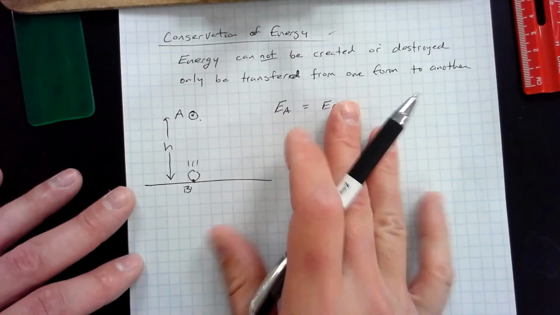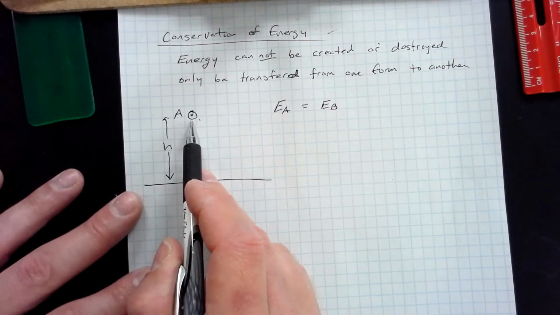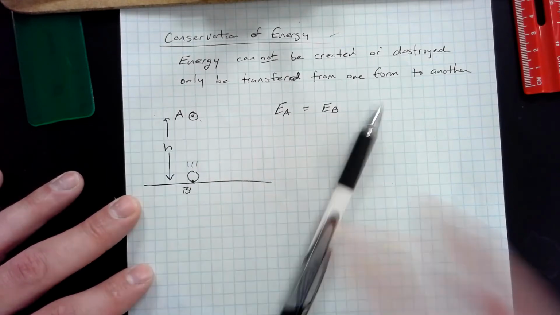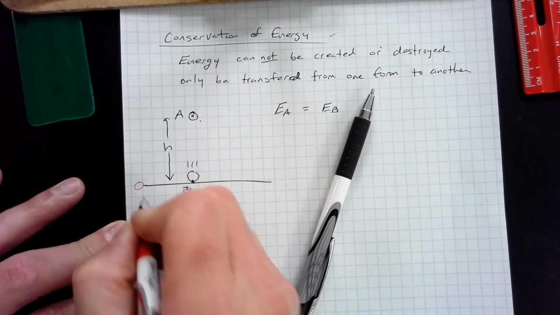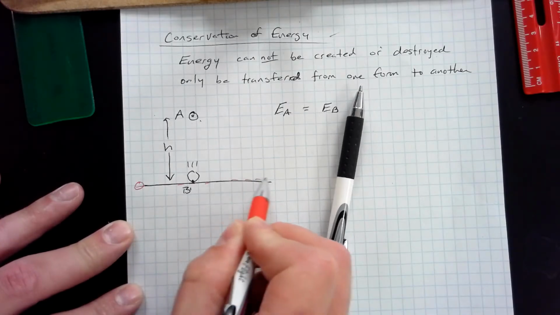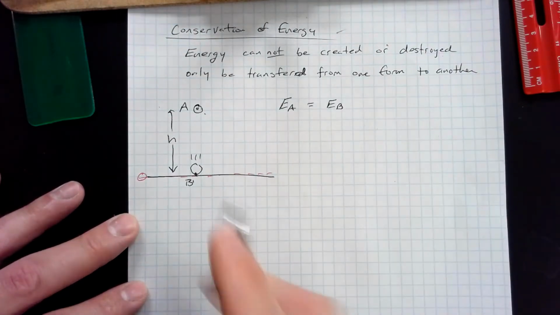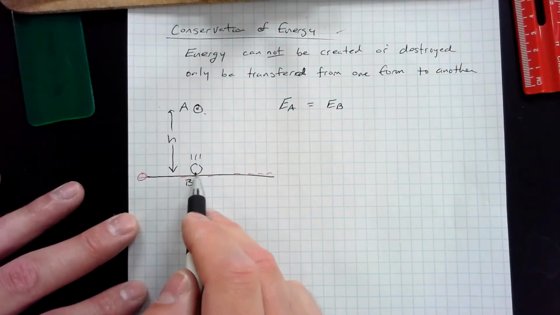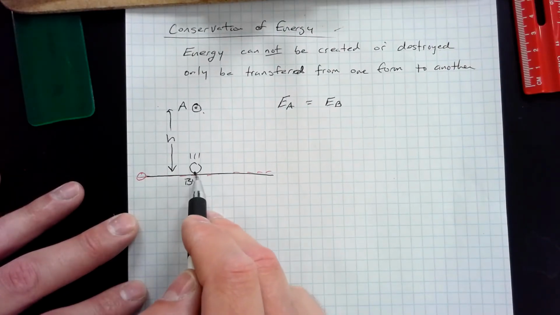So you look at point A, and you ask yourself, does it have a height? Yes, it is above the ground. And we are saying that this is where our zero line is. Usually you try to make it at the lowest point, not always, but that makes your life a lot easier because that makes the energy at the very bottom not potential. It has zero potential there.